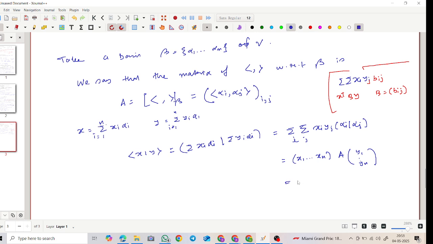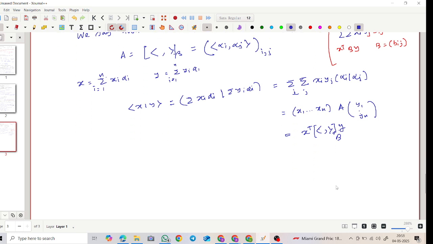So you see, immediately the inner product is expressed in terms of this. The point of defining an inner product matrix is so that you can write it as x transpose something y. That's the whole point of defining an inner product matrix.